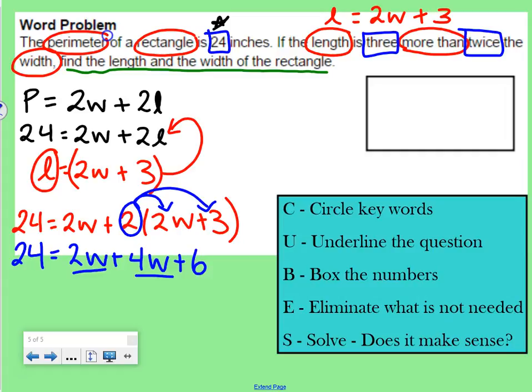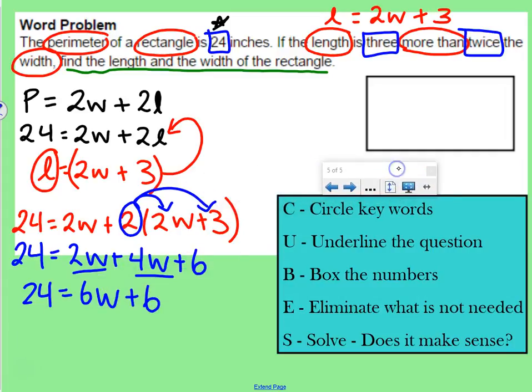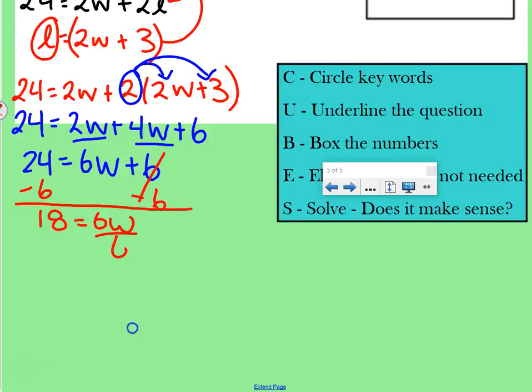Add those like terms. 24 equals 6w plus 6. Subtract 6 from both sides. We get 18 equals 6w. And then divide by 6 to get w all by itself. W equals 3.